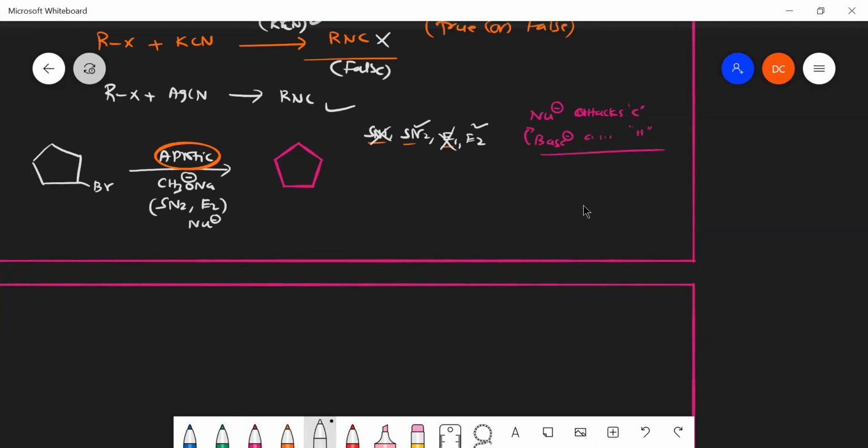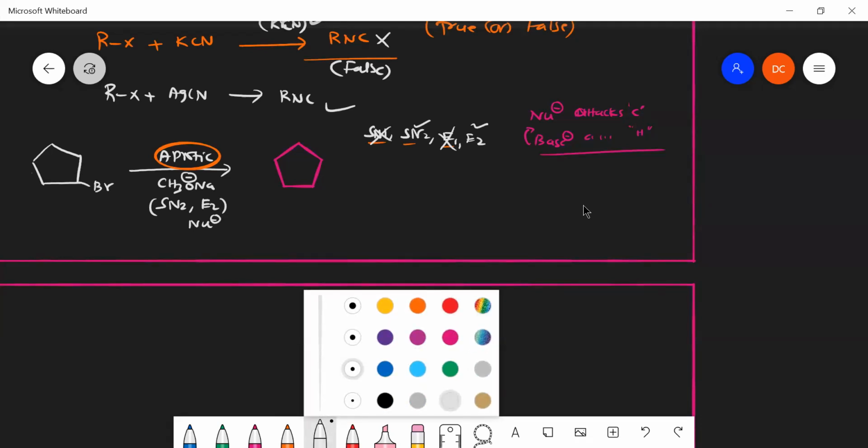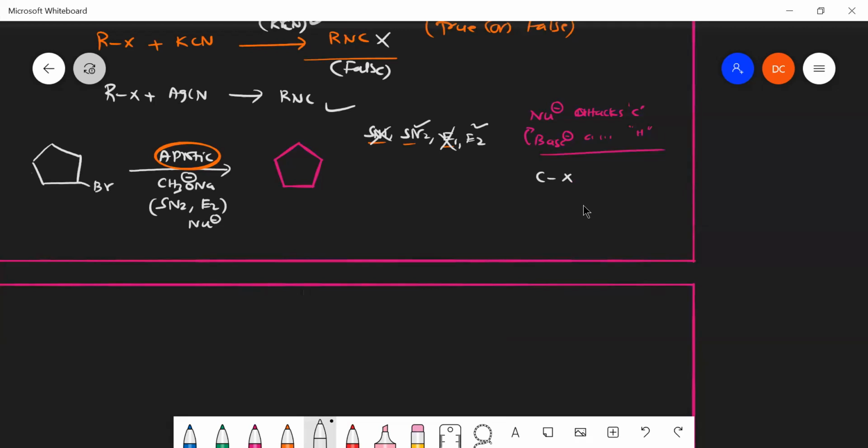Good. Here, CH3O minus can act as both a nucleophile as well as a base. Now, if it acts as a nucleophile, what kind of product can I get? The carbon-halogen bond is there, and the nucleophile will go and attack where the functional group is attached. It will attach to that carbon and cleave off the halogen.